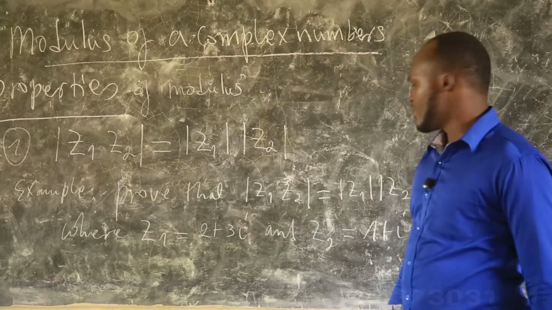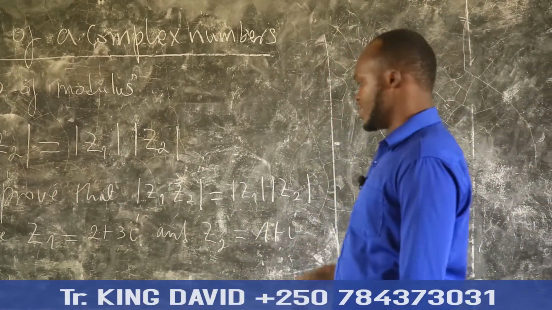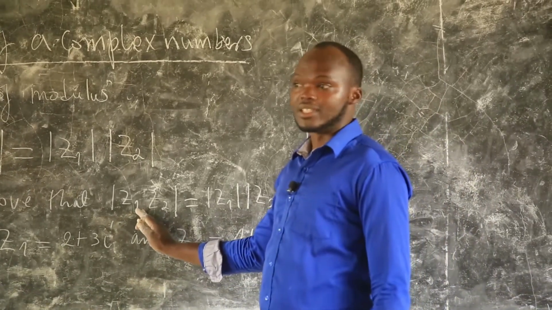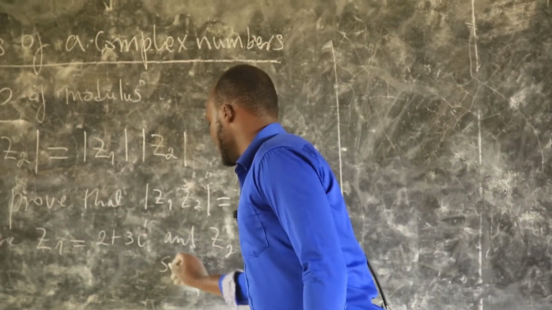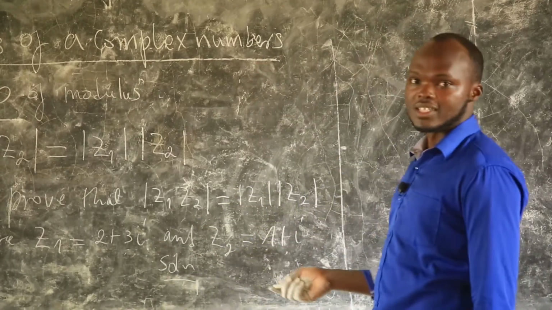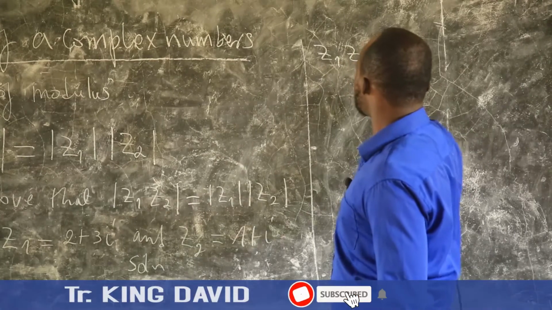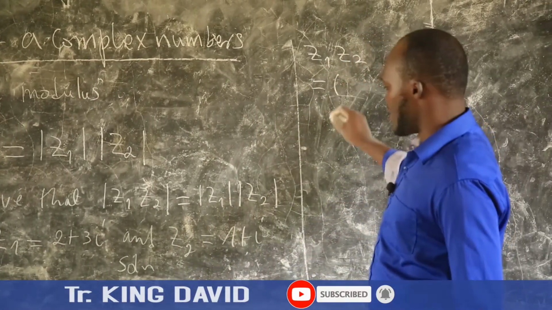Now we are going to see if the left-hand side equals the right-hand side. Our left-hand side contains z1 times z2. So we first take z1 times z2, then find its modulus. We just multiply.